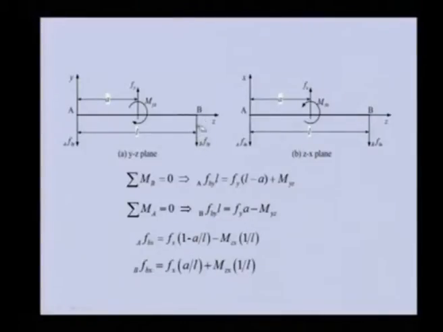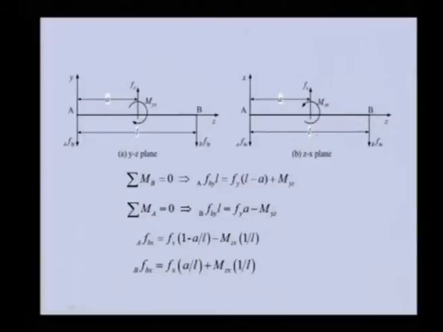Similarly, we will have bearing forces in the other plane also, the zx plane. So these are the reaction force Fx and the moment MZX coming from the disc. These are the bearing forces acting on the shaft when we remove the bearing. So these are the reaction forces.